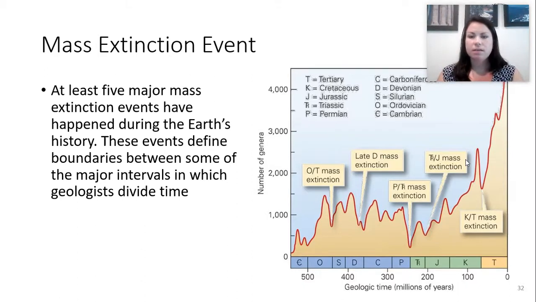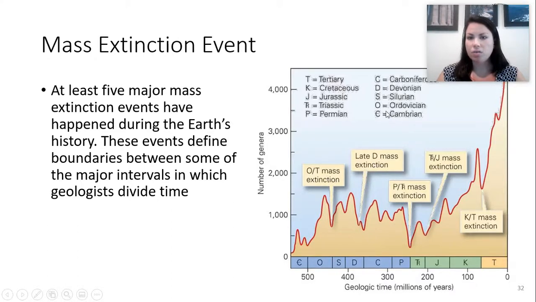We're going to talk a bit more about the KT boundary. That's what it's called, the KT mass extinction, and that's the comet that hit Mexico and wiped out all the dinosaurs. The KT stands for the separation between the Cretaceous and the Tertiary in geologic time, those different intervals. We have records of other mass extinction events too, like the OT mass extinction.